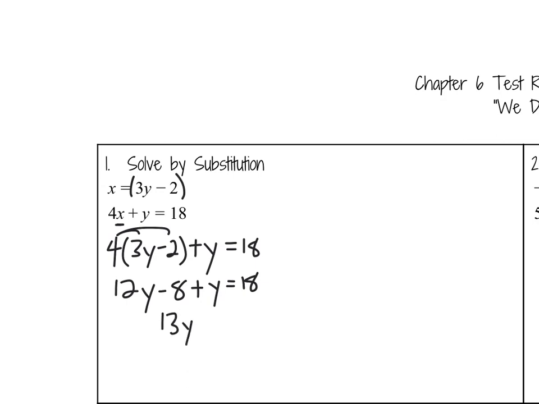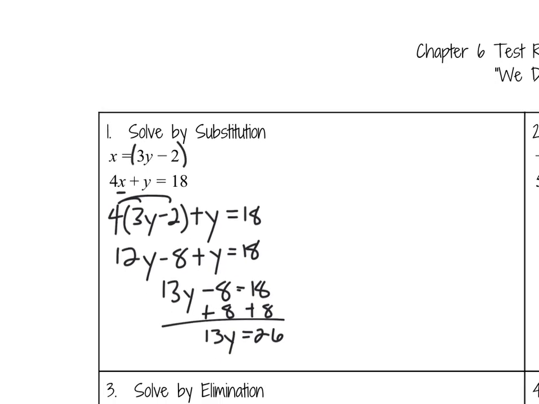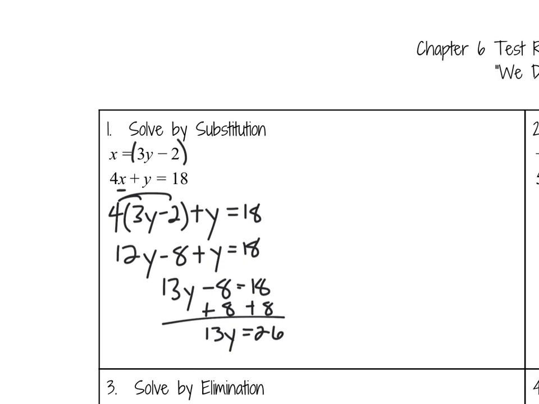So we have 13y minus 8 equal to 18. I would be adding 8 to both sides, giving me 13y equal to 26. At this point, we would divide by 13, which will get me my y value of 2.